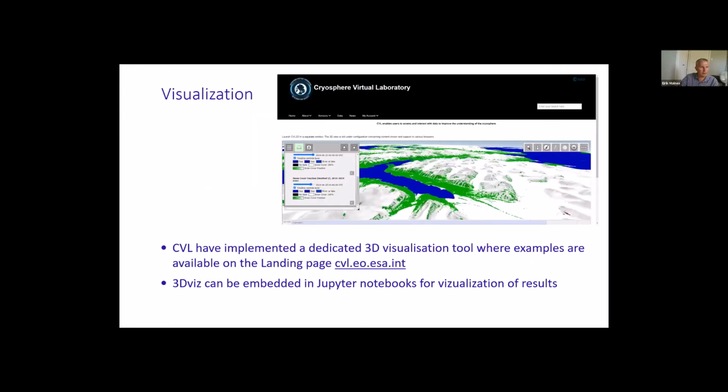We have also implemented an advanced visualization tool where you can look at the data in 3 dimensions. So here is an example using Sentinel-2 data for snow cover mapping. It's also important to know that the visualization tool can be embedded in the Jupyter notebooks that the users are using.